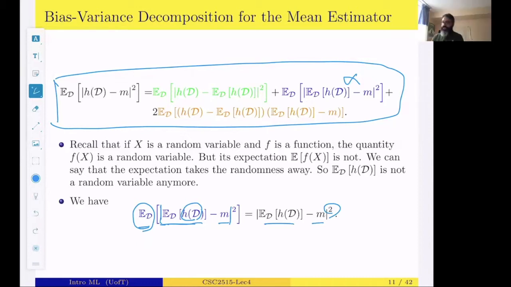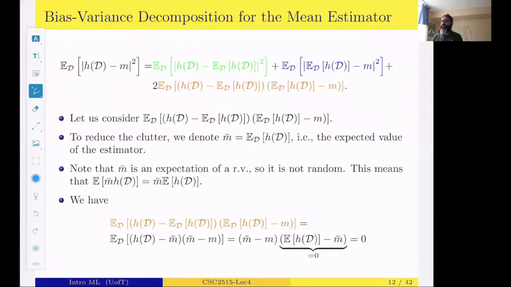Okay, perfect. So that's the second term. Let's talk about this inner product term, the orange one. To reduce the clutter, I use m bar to denote the expectation of h of d, the expected value of the estimator, which may or may not be the same as m.